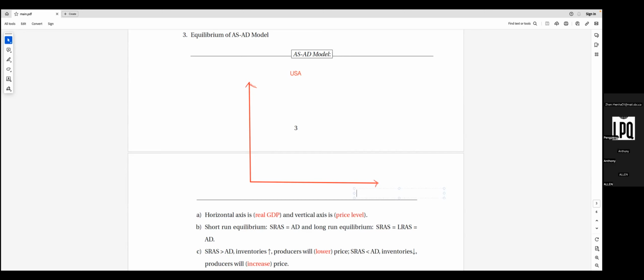In microeconomics, we label the horizontal axis by the quantity of apples, quantity of bananas, or quantity of bubble tea. But here we label the horizontal axis by real GDP, because in the first chapter of macroeconomics we use real GDP as a measurement, an indicator for the level of goods and services we can produce.